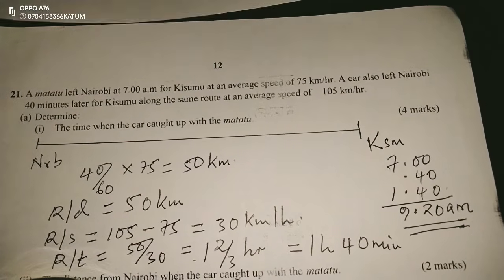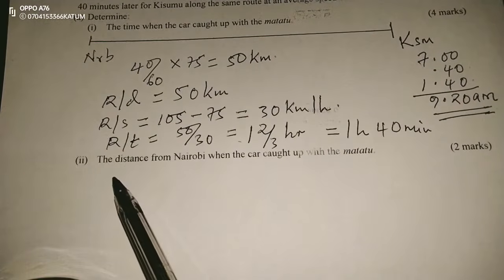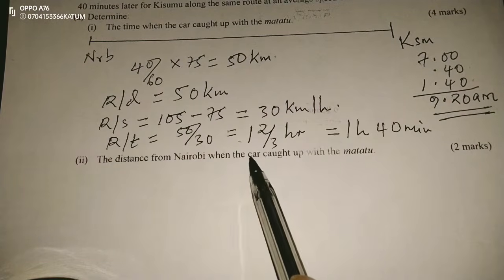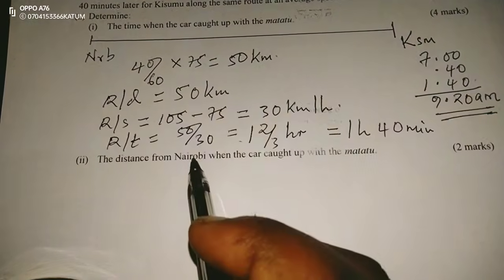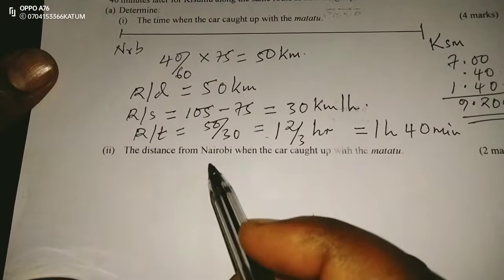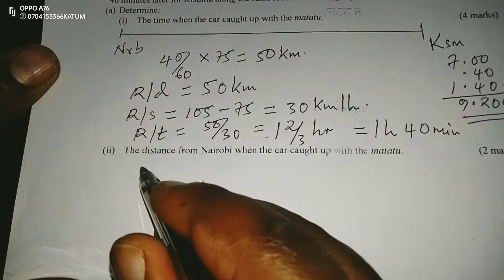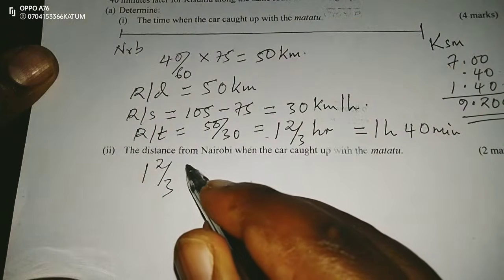Now we can continue and say, we are also supposed to determine the distance from Nairobi when the car caught up with the matatu. So from Nairobi, there is a 50 kilometer that had been narrowed, and now they are traveling again for a further 1 2/3 hours.